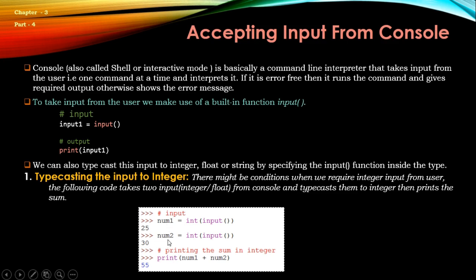Num2 is equal to int in a bracket, then again input. What will the input take? This input will take a string value, and this string value is converted to integer and then stored in num2. Now after this, you can see printing the sum of the integers. In the printing, you can see print num1 plus num2. So this num1 plus num2 will add and give the number.